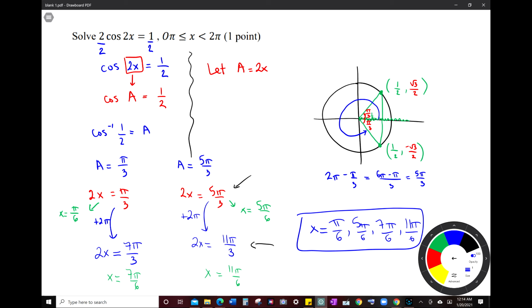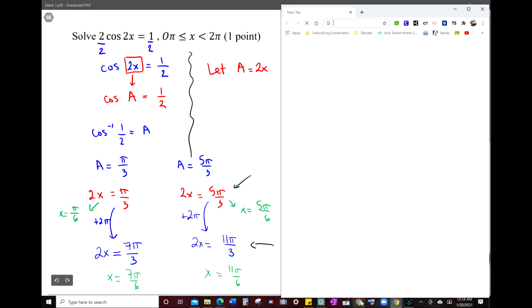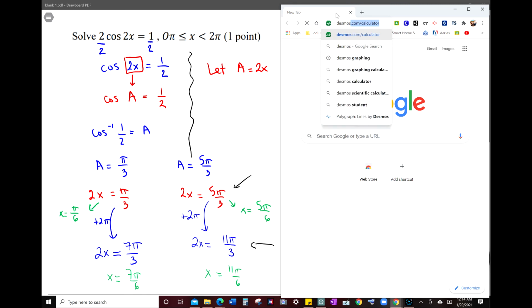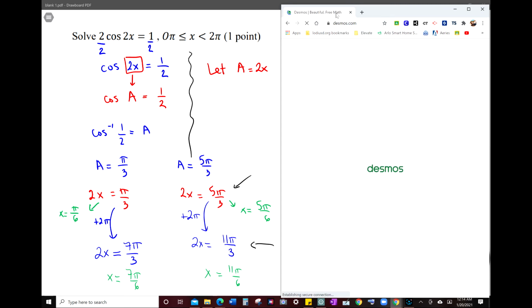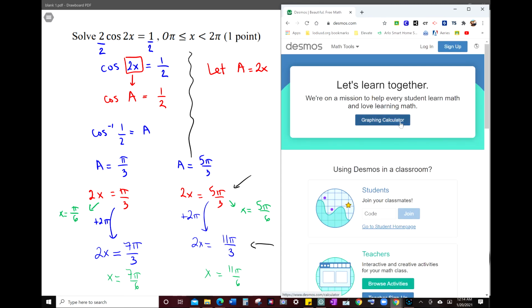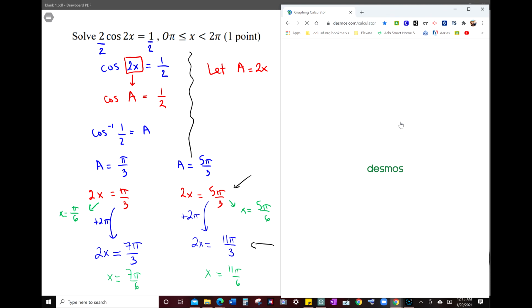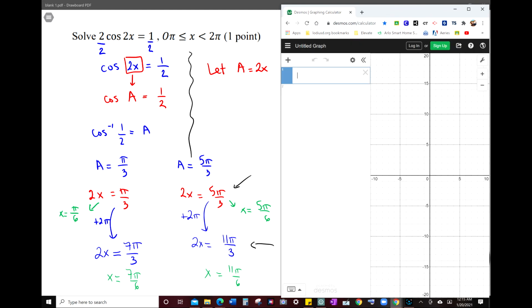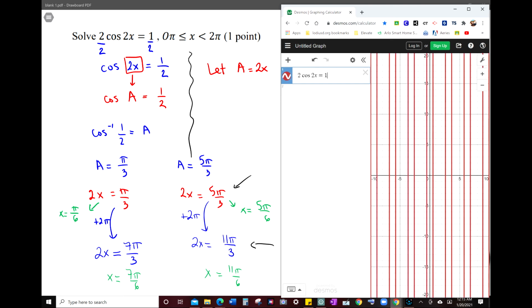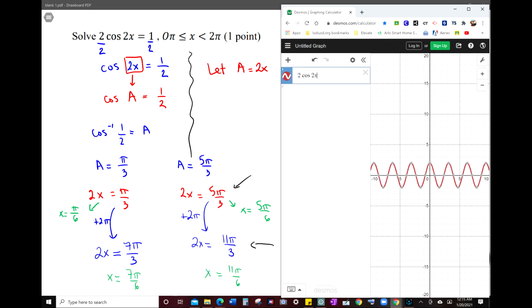Alright, and now another way to solve it is just using decimals. So we can use decimals here. You can type in 2 cosine 2x equals 1, no, not equals 1, sorry, 2 cosine 2x.